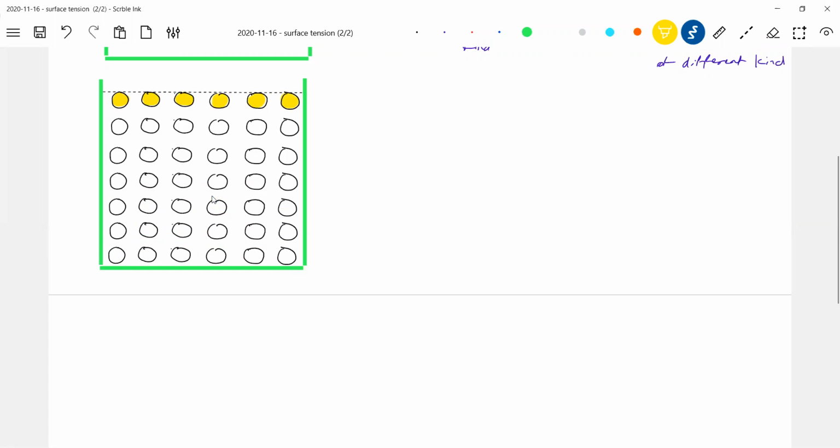So the force of interaction between them. Let's look at this molecule. It will experience a force like this. It's an attractive force, no? The arrows indicate attractive force.